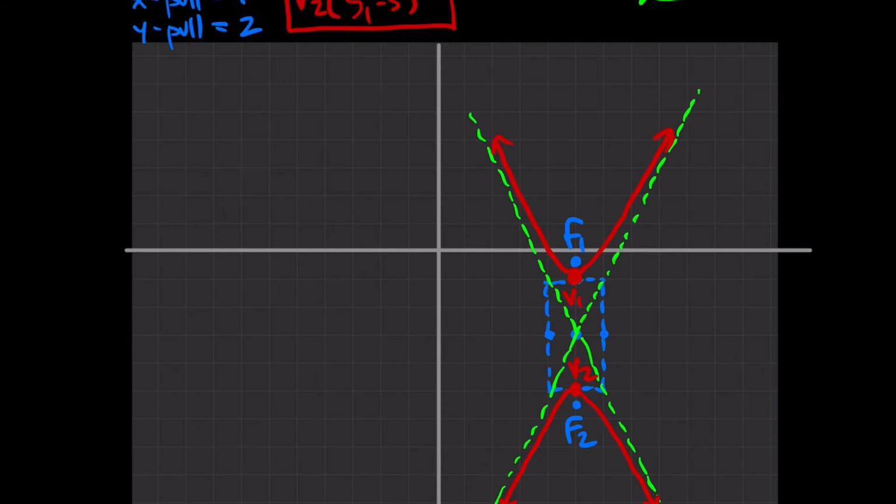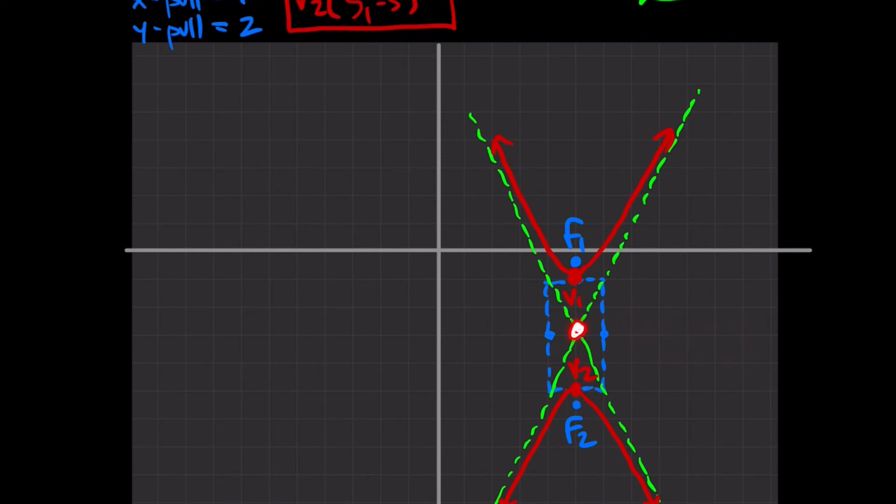So again, how do I get those coordinates? This distance here from the center to that focus is square root 5. So what are we doing with it? We're taking the y coordinate and we're adding that c value to go up. To get that one, we're taking that y coordinate and we're subtracting the c value because we have to go down.